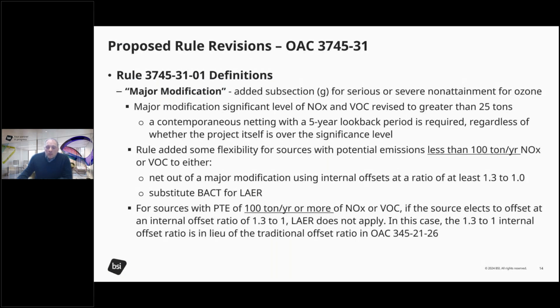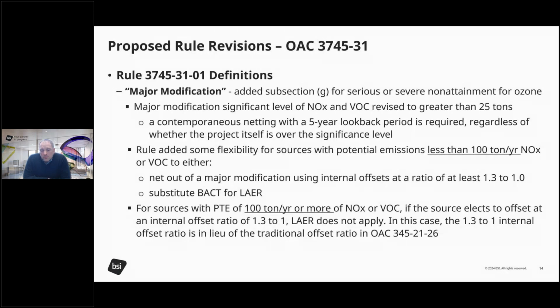Option one, the project will not be considered a major modification if the source elects to offset at an internal offset ratio of 1.3 to 1. So after you do your netting analysis and you determine your project emissions and those in the previous 5 years, if you can then have offsets from other emission units at your facility at a ratio of 1.3 to 1, then you're not considered a major modification and you wouldn't be subject to non-attainment new source review.